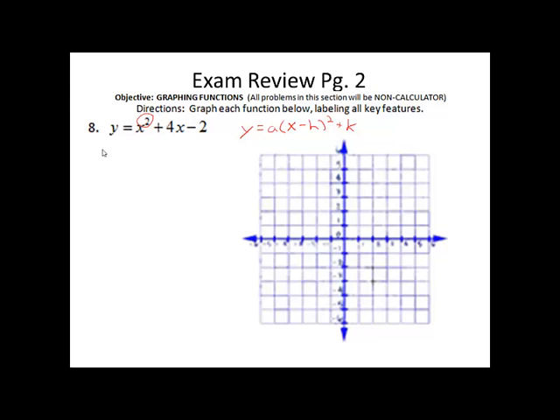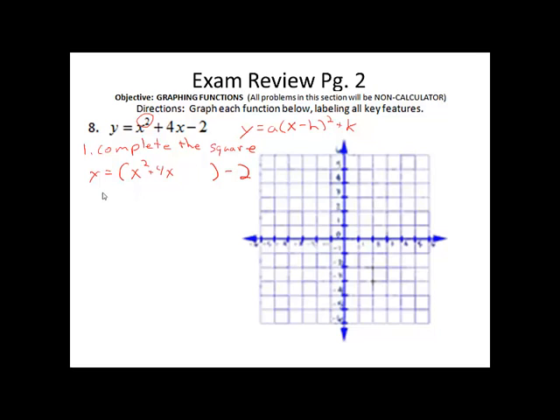And the way we complete the square, we take y is equal to x squared plus 4x, and we put it in parentheses, and we put our last term on the outside.